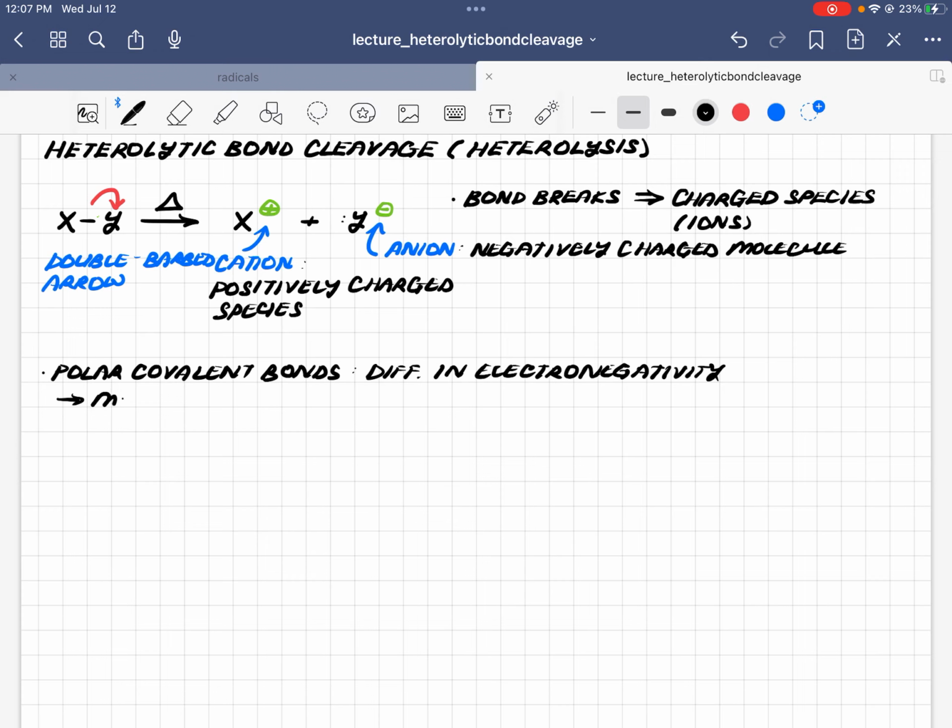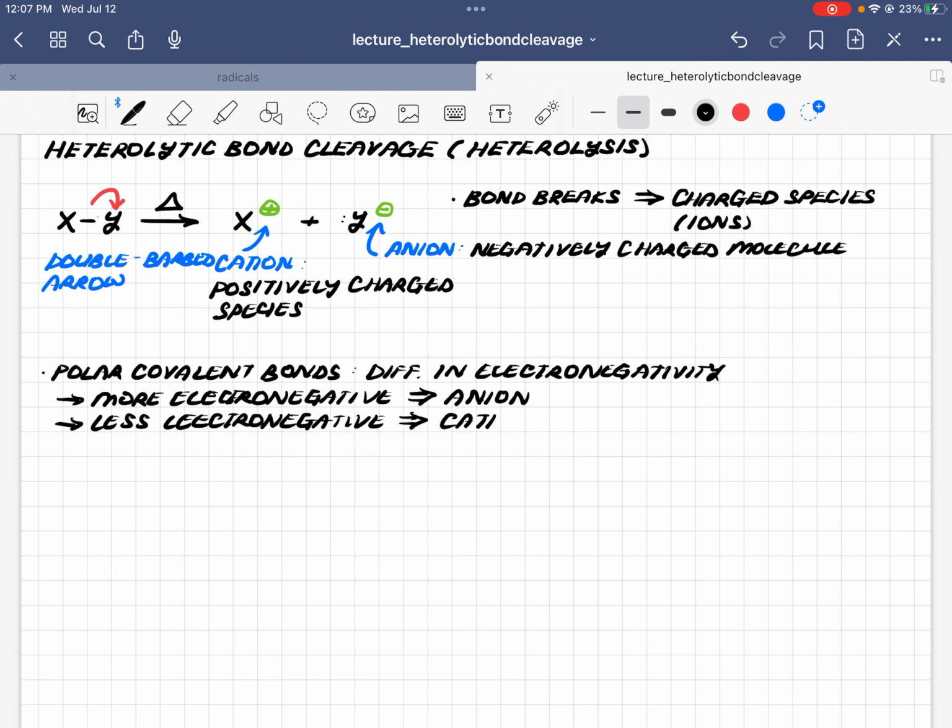Generally, the more electronegative atom will attract electrons to form an anion. And the less electronegative atom will form the cation.